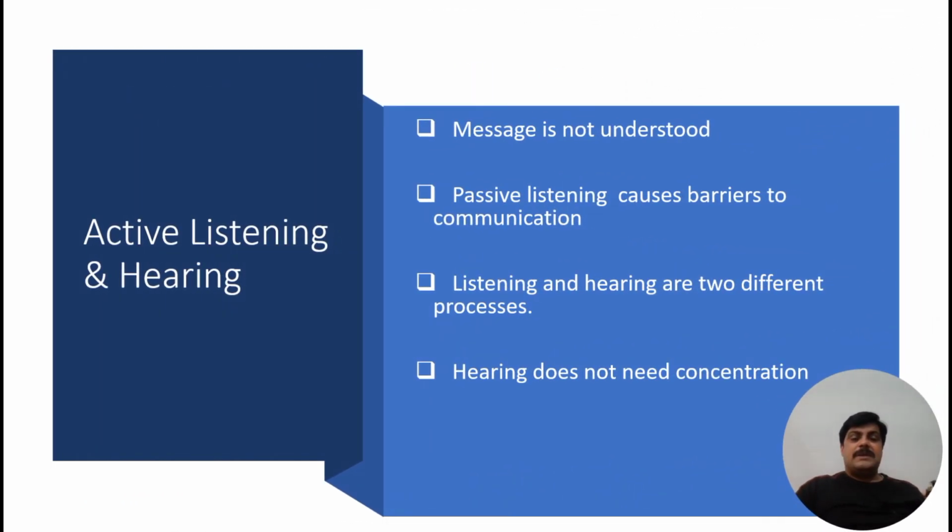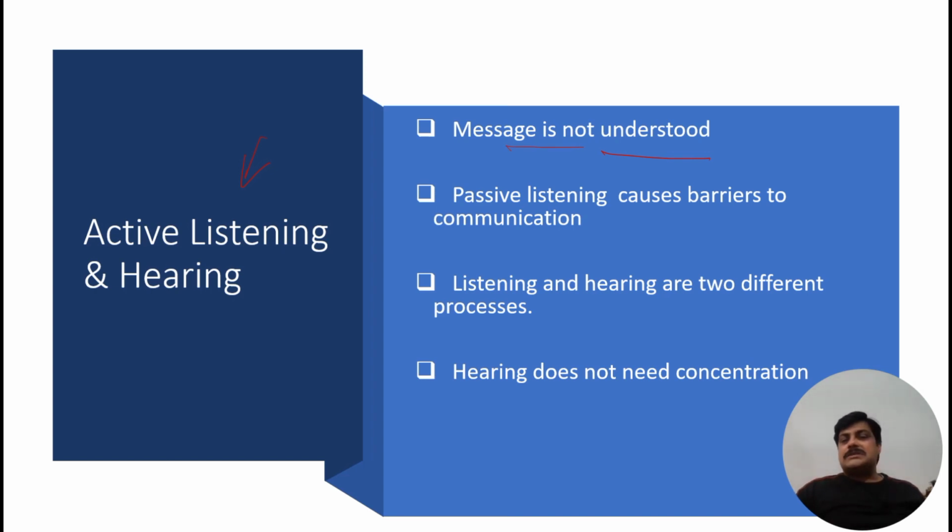There is a difference between active listening and hearing. Hearing is something we don't understand. Here the message is not understood. In a classroom, suppose you are reading anything and there is a noise outside. So you hear that noise but you don't understand, you don't decode that noise.